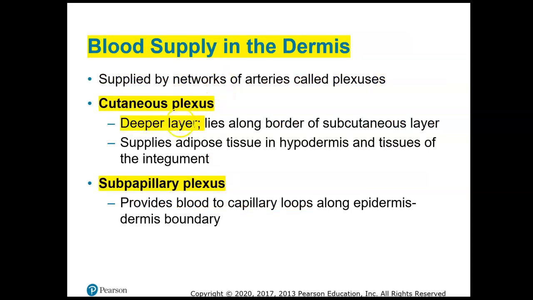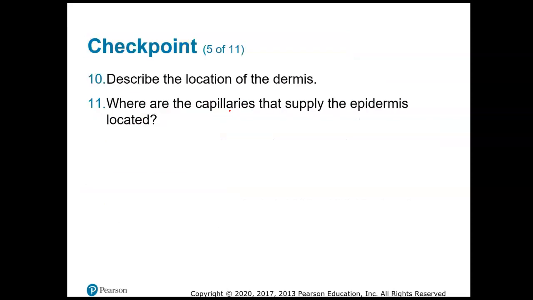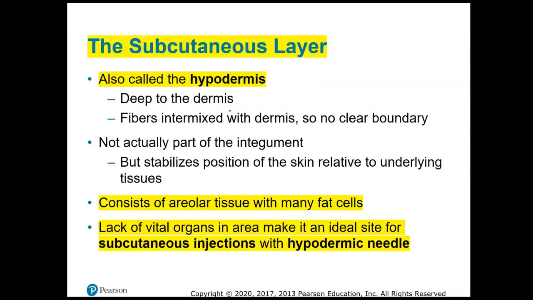Also, I mentioned to you the blood supply in the dermis, that the more superficial area of blood vessels is called the subpapillary plexus, because these are blood vessels between the papillary and reticular layers of the dermis. And then the deeper layer of blood vessels is called the cutaneous plexus. So there's definitely a good blood supply in the dermis.